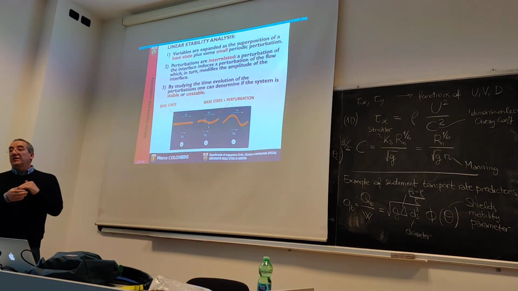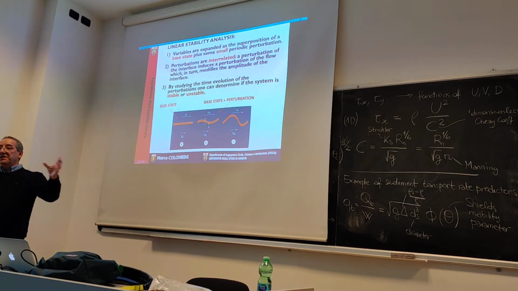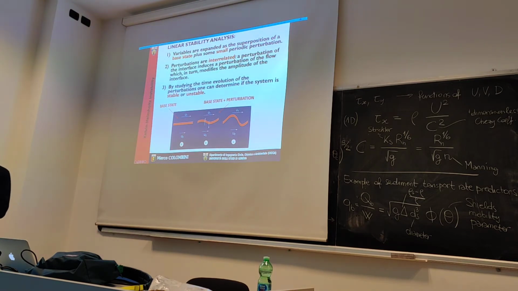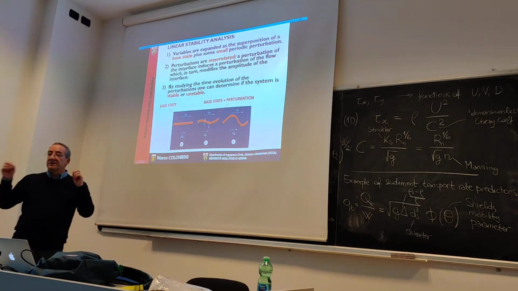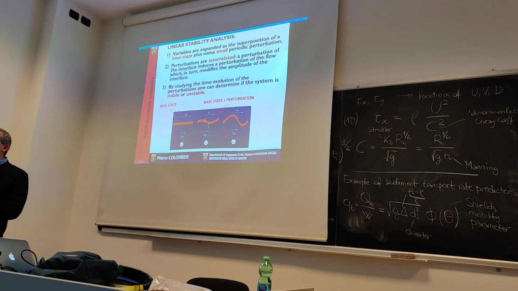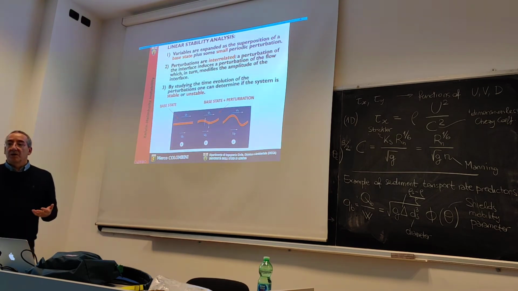Okay, so the whole idea is that you take this base state, whatever it is, you give a little kick to it, a little modification of this state, and see what happens. If the kick you have given just creates some oscillation and then this oscillation disappears, then the system is stable.